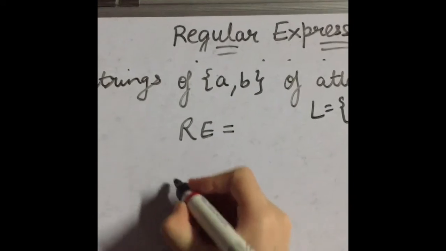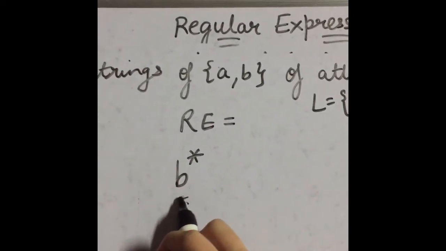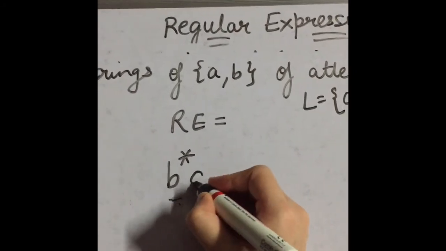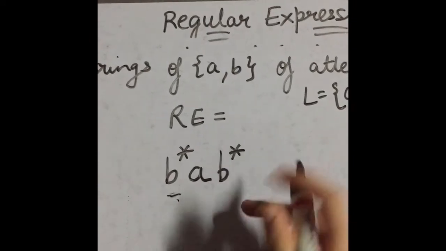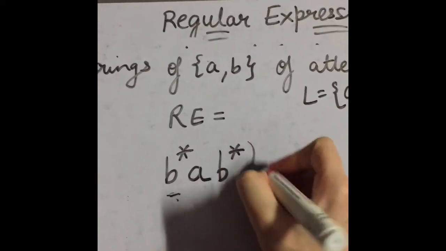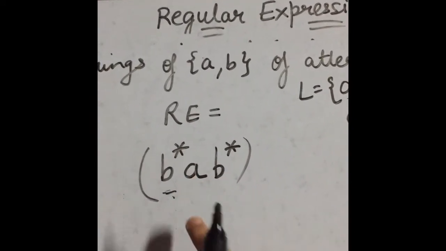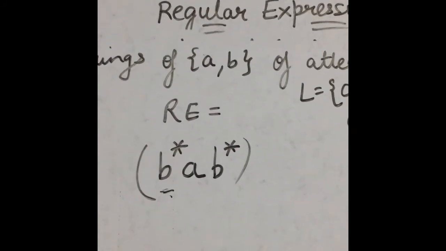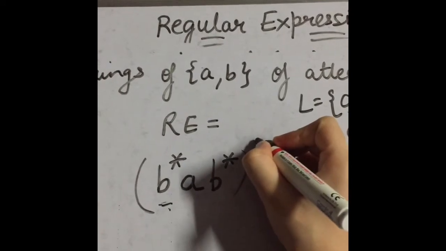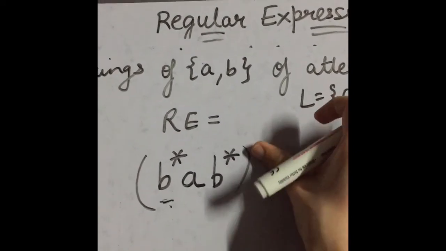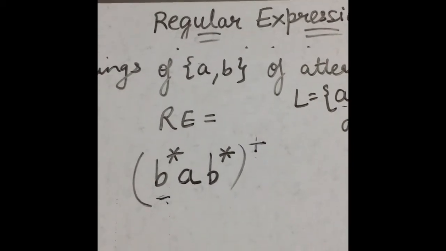So what is the regular expression for that? First, b star, any number of b's, don't worry about it. You want a single a, and then b star. But you don't want only one a, you want at least one a, meaning either 1 a, 2 a's or 3 a's and so on. So you put a plus. Why plus and not star? Because null does not contain a.